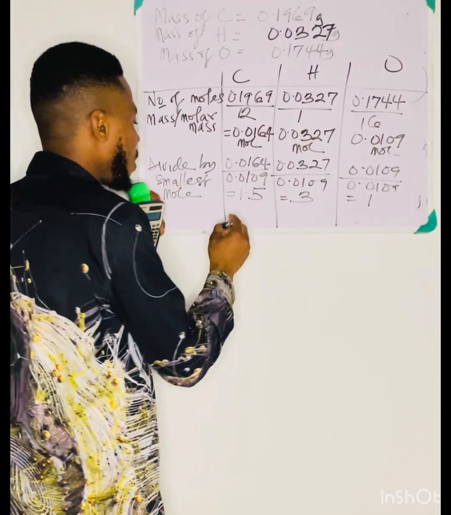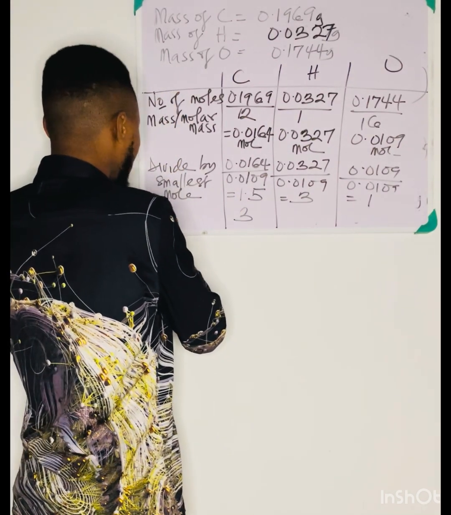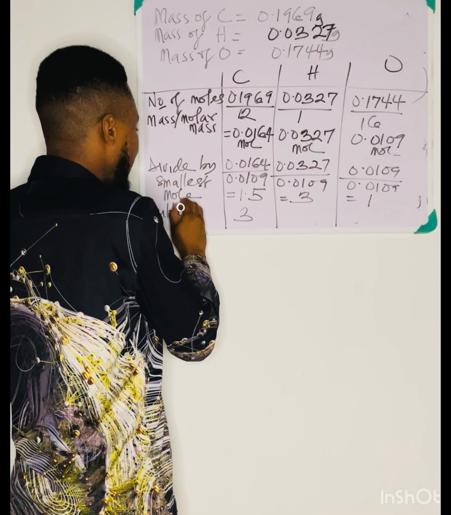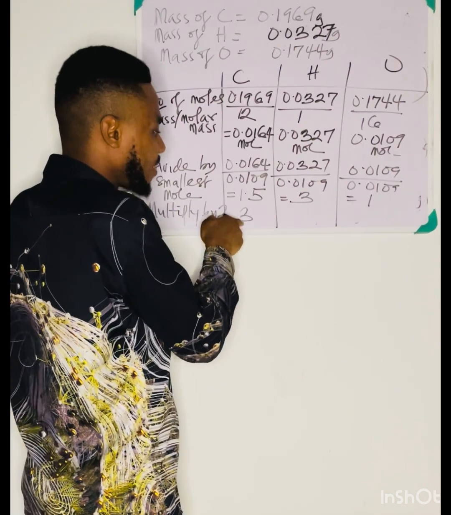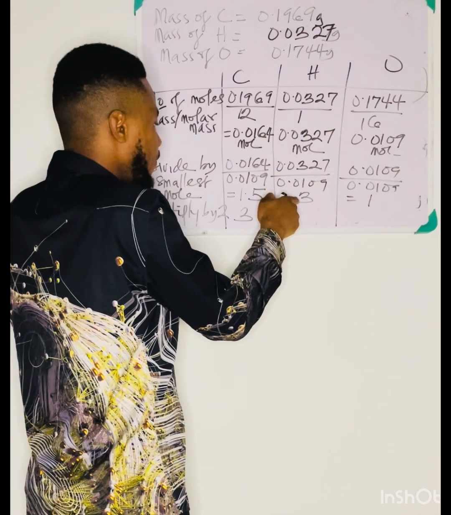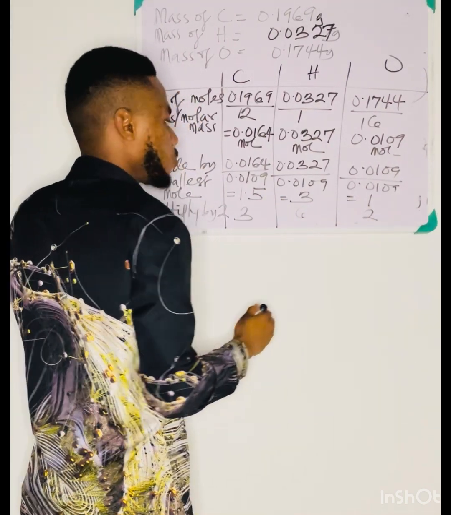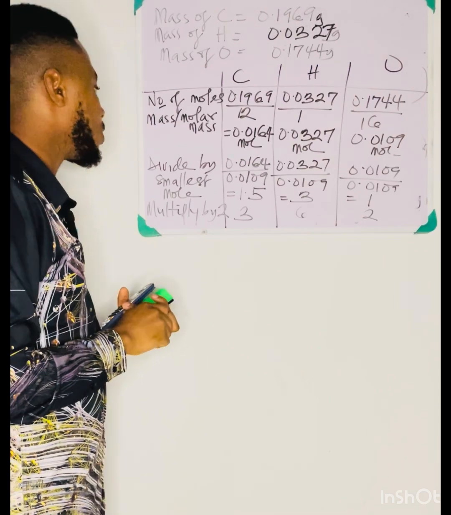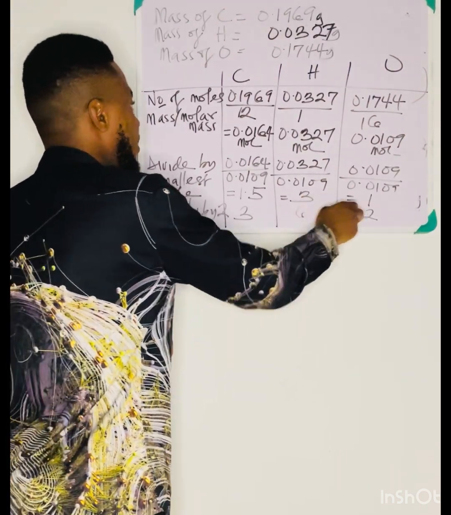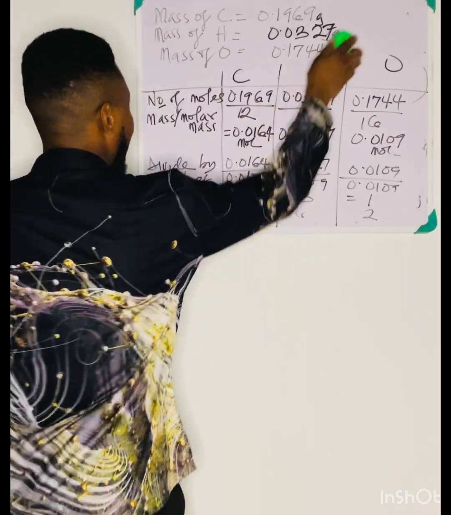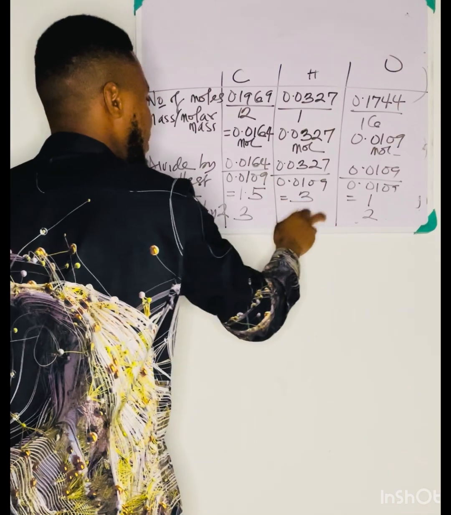So multiplying by 2, 1.5 times 2 will give us 3. 3 times 2 will give us 6. 1 times 2 will give us 2. So we'll have 3, 6, and 2, which means our simple whole number ratios are 3, 6, and 2.